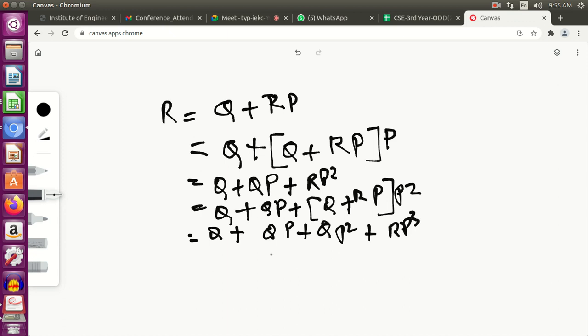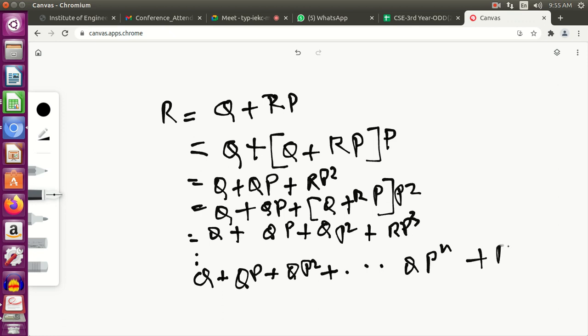Now if you keep on doing this, what you get is q plus qp plus qp square plus continues up to qp to the power n, and for this portion we can write rp to the power n plus 1, because if this is n, this would be n plus 1.